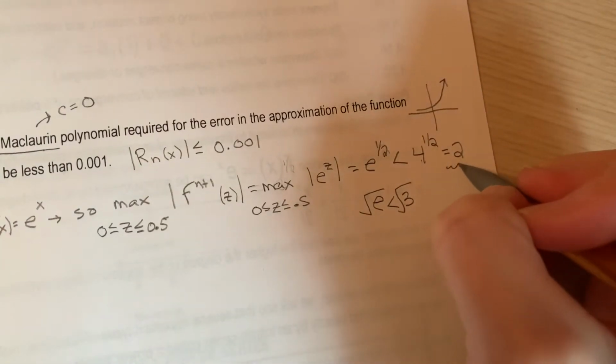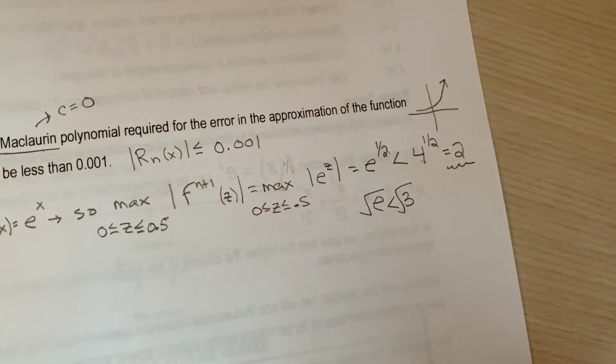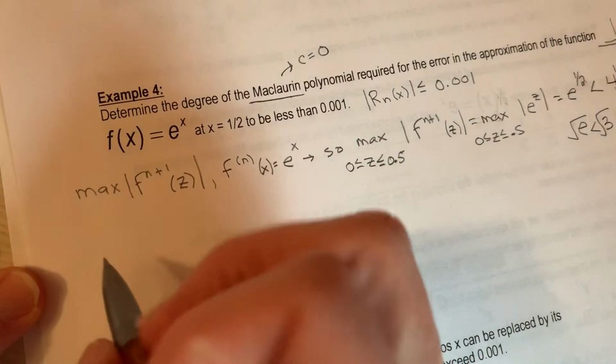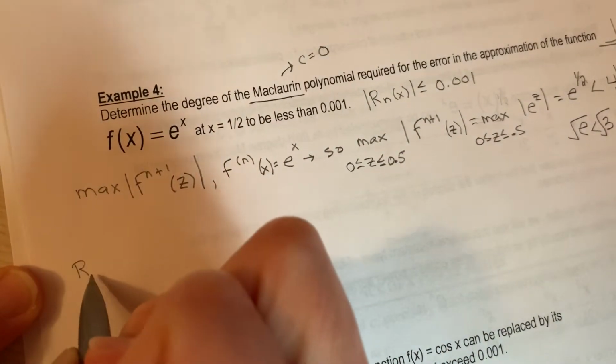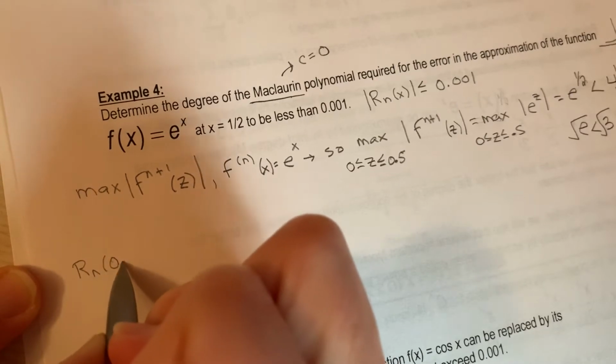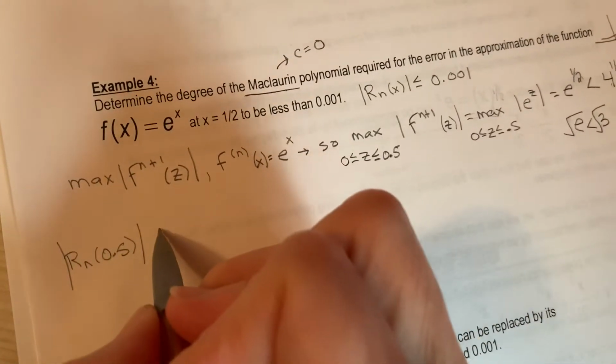So this is a number that I'm going to use when I figure out my remainder or my error. Your remainder and your error are the same thing. So I am finding the remainder of n at 0.5, and I should put my absolute values around here.